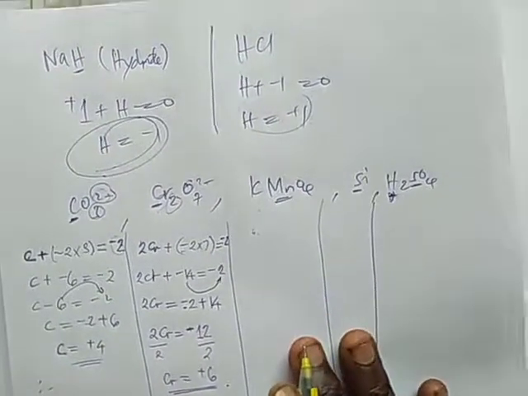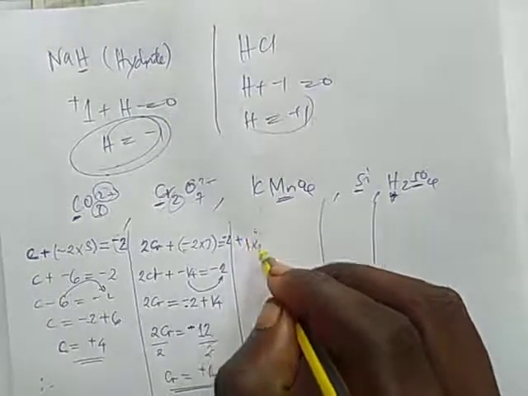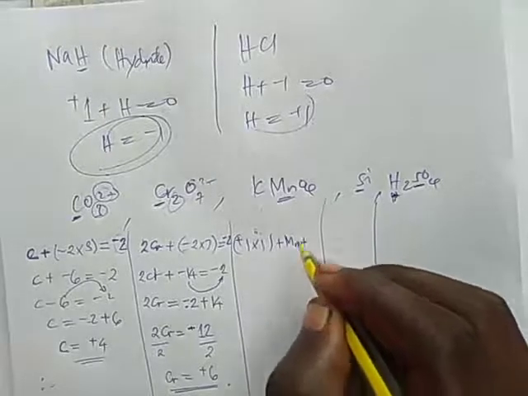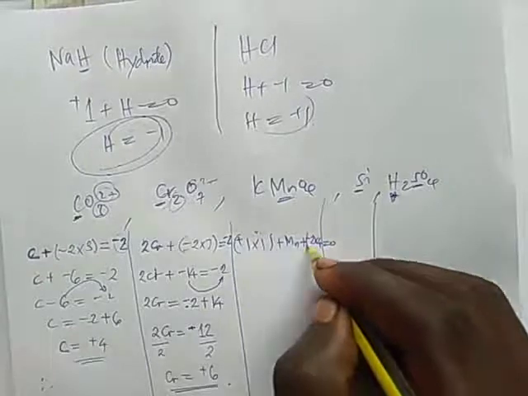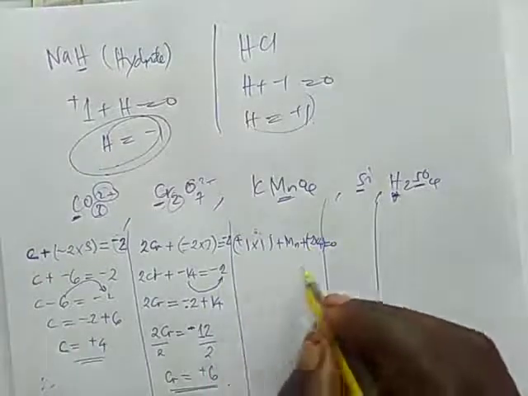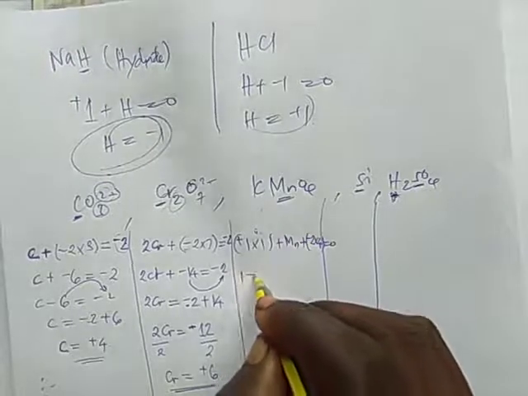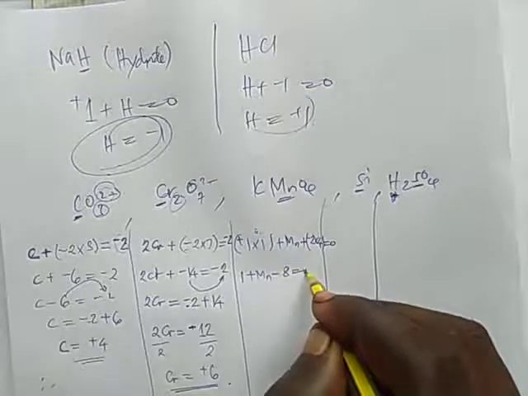Potassium permanganate, potassium is +1 times 1, then tuta plus manganese huyo hapo, tuta plus -2 times 4 ni sawa na 0. Kwa nini nimeweka 0? Kwa sababu hapa hapana charge. Kwa hiyo maana yake itakuwa ni 1 plus manganese minus 8 is equal to 0.